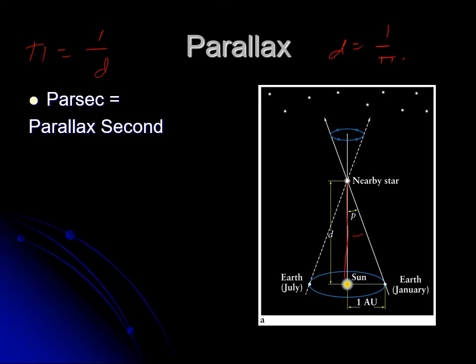Now, if the distance is 2 parsecs, 1 over 2 is 1/2, so the angle is 1/2. So the smaller the angle, so this is 1/2, 1 over 1/2 is 2. If the angle here is 1/5, so 0.2, 1 divided by 0.2 is 5. And so that would be 5 parsecs.